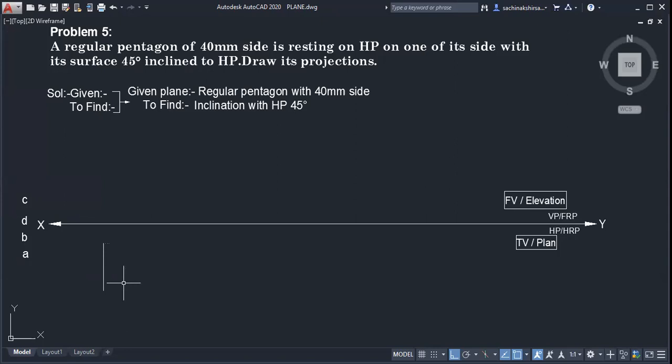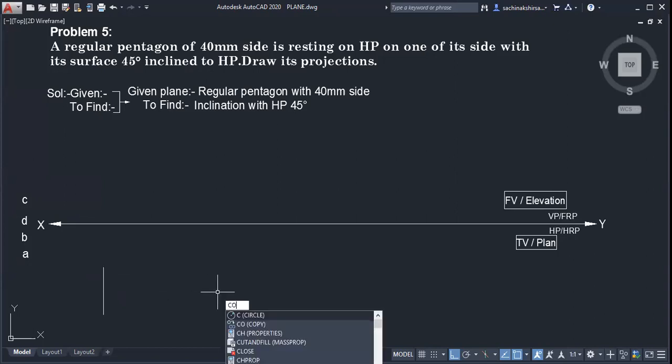Likewise, after this, one of the lines makes an angle from this corner. Let us give a name here, suppose point A, so that you will come to know.